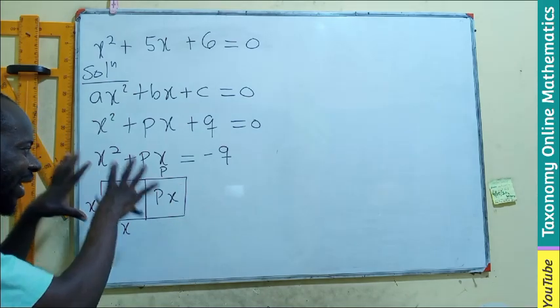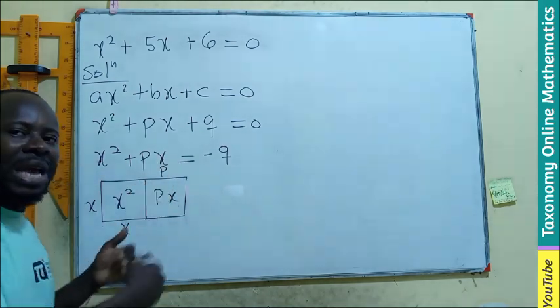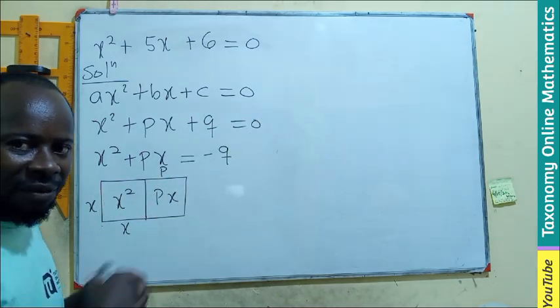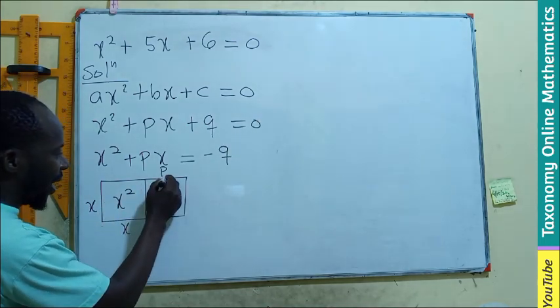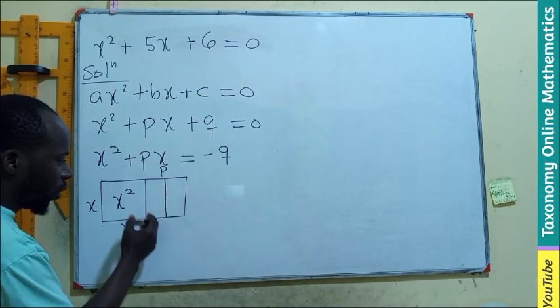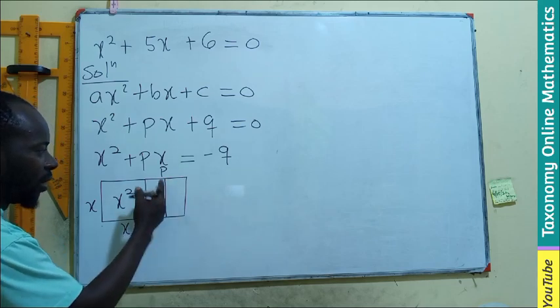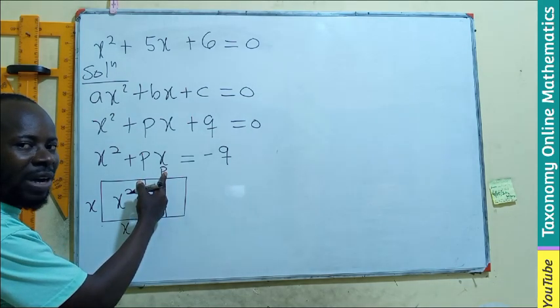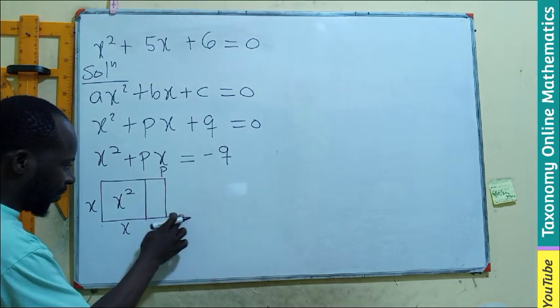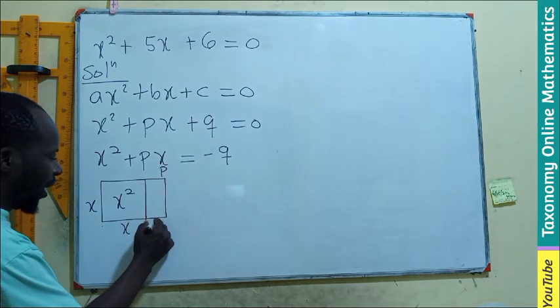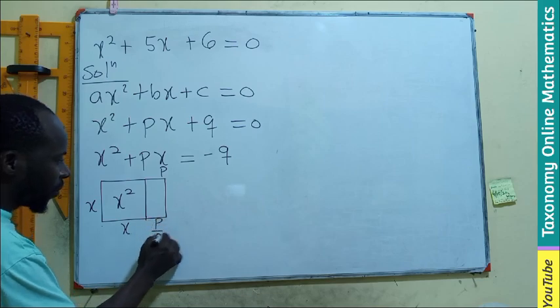So how will I make the left side a square in order to complete the square? Let's divide the p into 2. P divided into 2 means p over 2, or half of p.